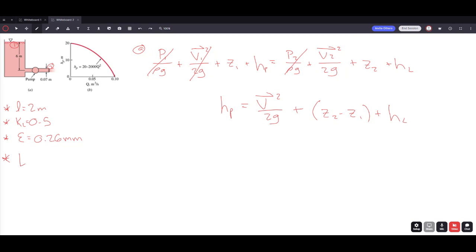Diameter of the pipe is 0.07 meters. And then the area of the pipe is pi over 4 times diameter squared, which comes out to be 0.00385 meters squared.